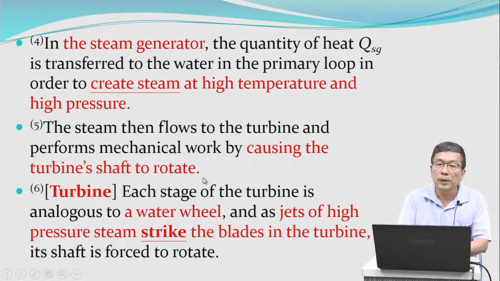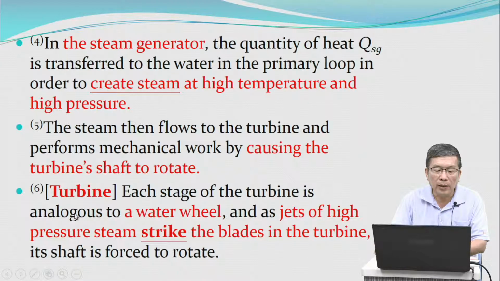Turbine. Each stage of the turbine is analogous to a water wheel, and a jet of high pressure steam strikes the blades in the turbine. Each shaft is forced to rotate.